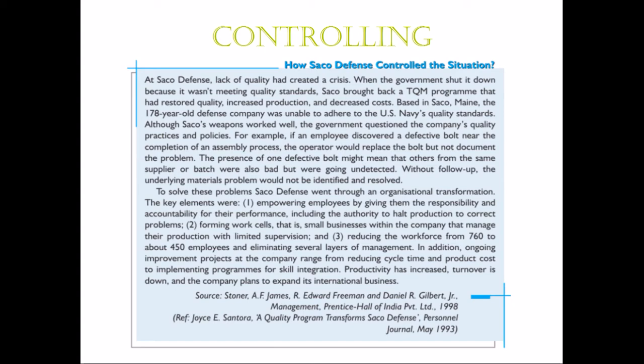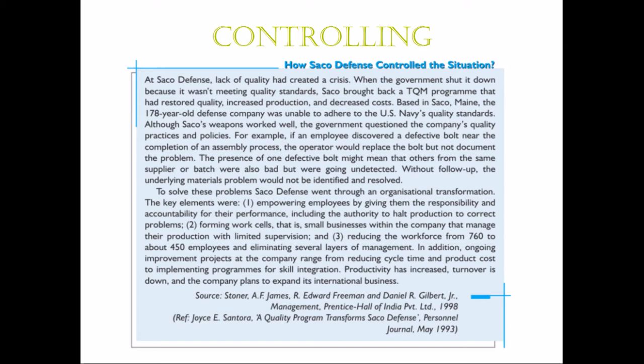Every country has some sort of defense: army, navy, air force, and so forth. Those organizations need materials such as weapons or instruments. These weapons and instruments are outsourced to other manufacturing companies. Saco Defense is one such company, and its job is to create products for the US Navy.